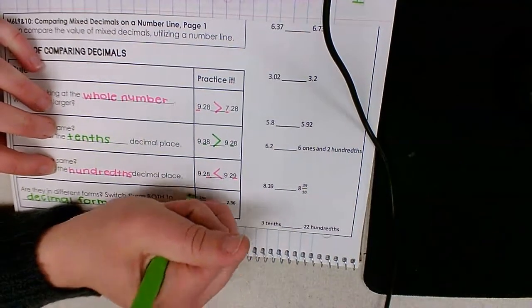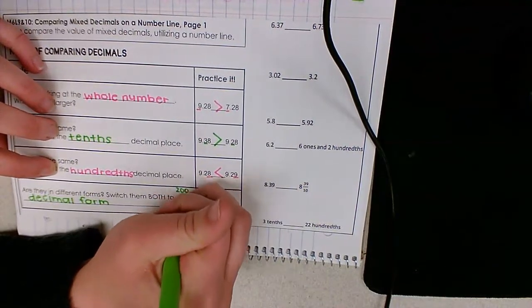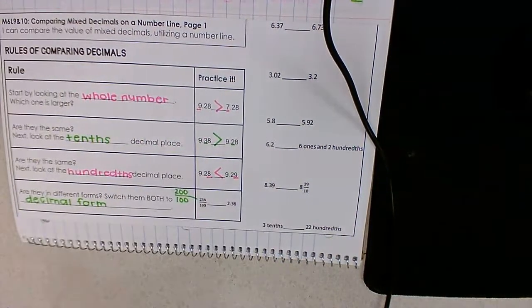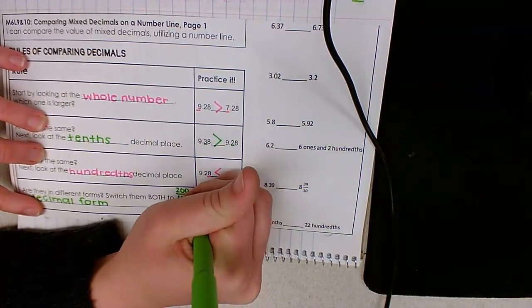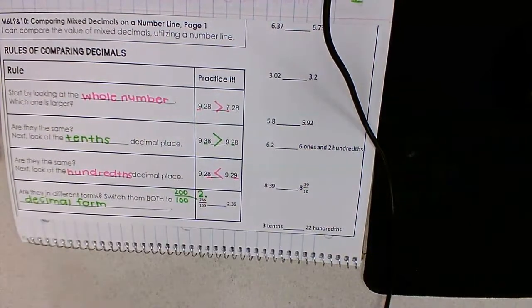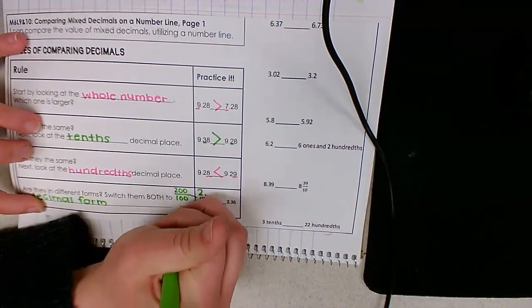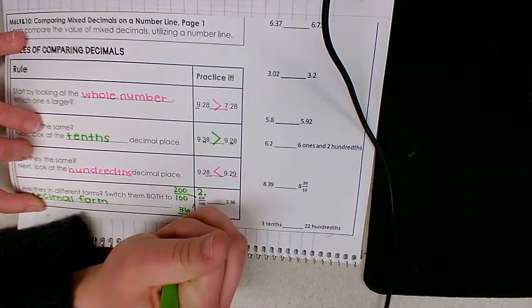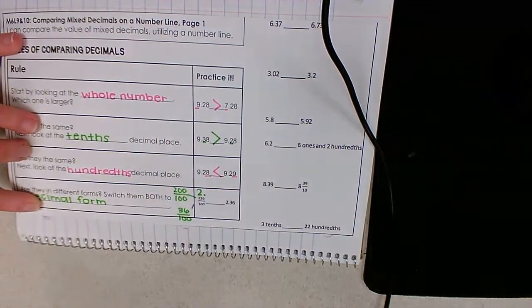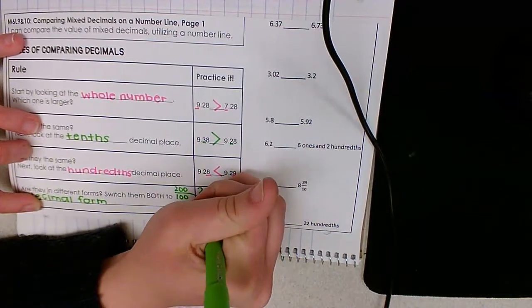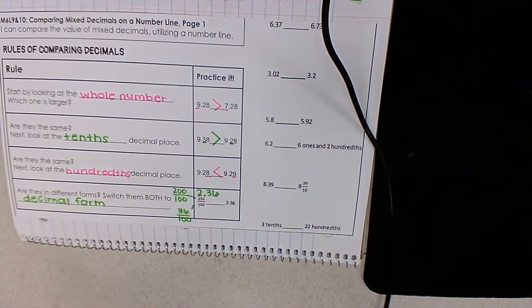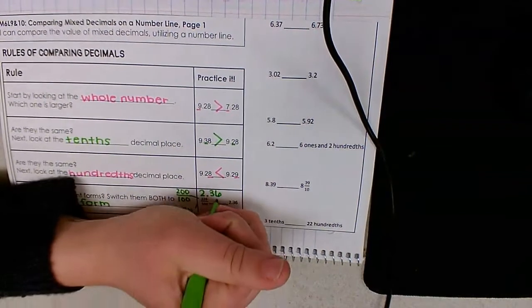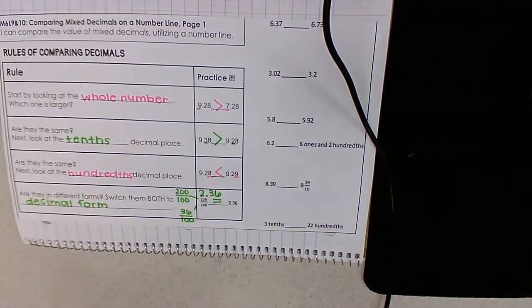And I can pull 200 hundredths out of this number. That makes 2 whole groups. That leaves me with 36 hundredths, which will come after the decimal. So now we have 2 wholes in 36 hundredths versus 2 wholes in 36 hundredths. They're equivalent to each other.